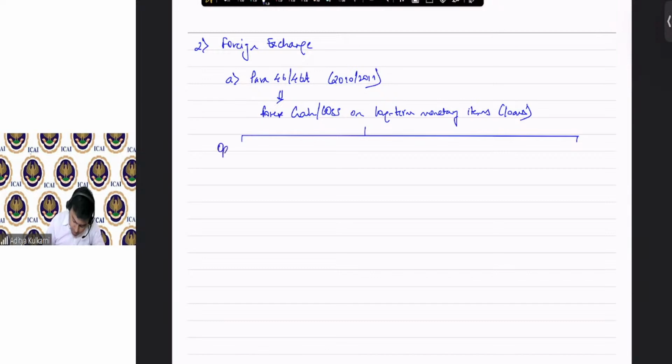Option one, which was what was there earlier also: the forex gain or loss on long-term monetary items would go to the P&L account, which is where every monetary item would go. So that is option one. But because the surge was very violent, these paras were brought into existence.